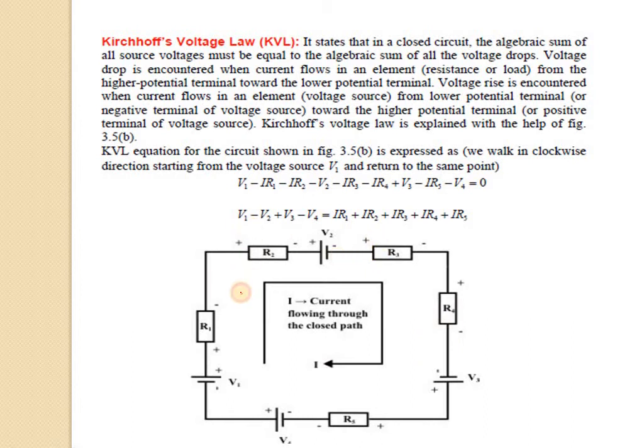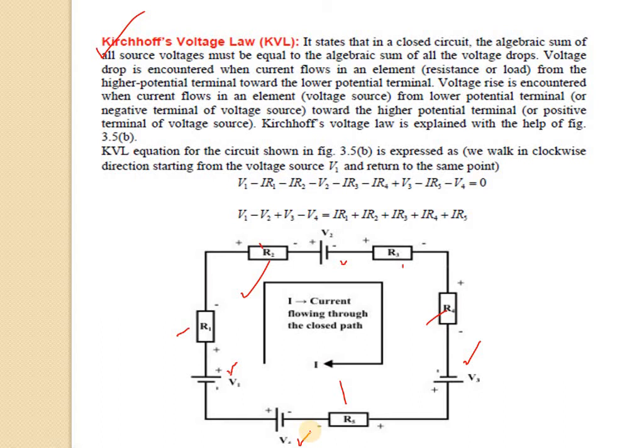So here we can see that Kirchhoff's voltage law is applicable because this is a closed loop, and in this closed loop there are a few resistances present, R2, R1, R5, R4, R3, and there are also voltage sources, V1, V2, V3 and this one V4. 4 voltage sources are present.